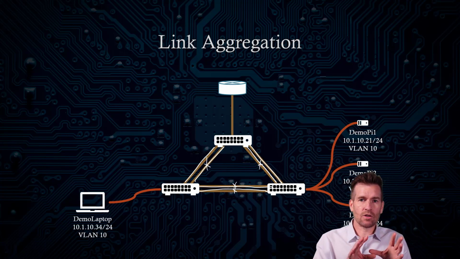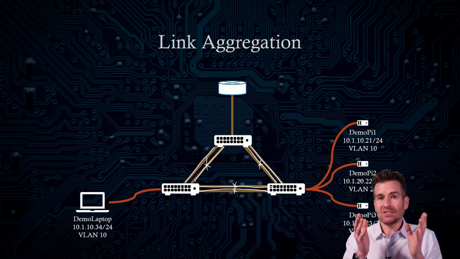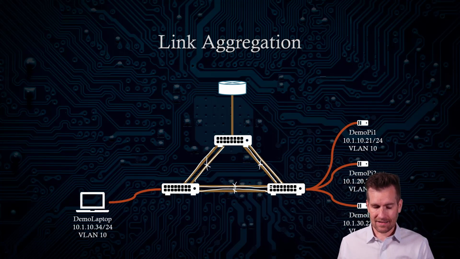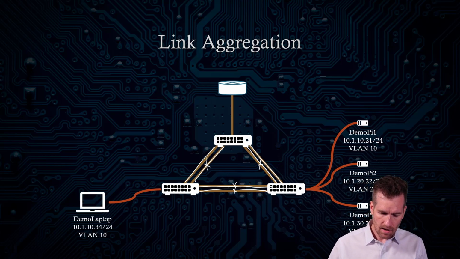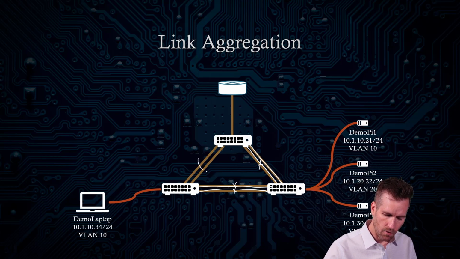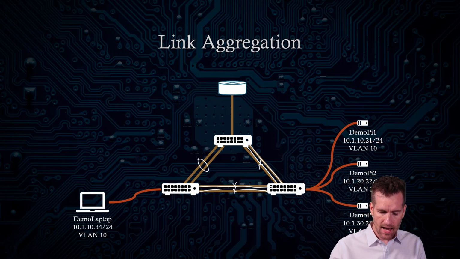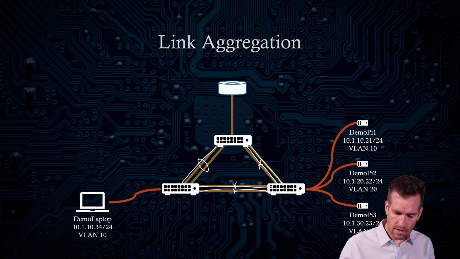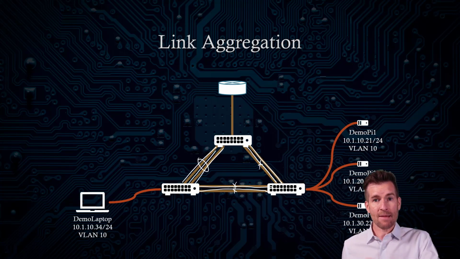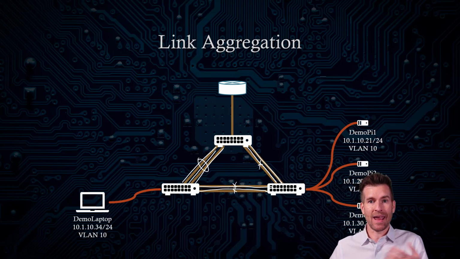Well, link aggregation allows us to actually utilize those links. What I can do is combine these 2 links over here into one link, therefore increasing the amount of bandwidth that I have across there. And I can do it for 2, 3, 4, 5, up to 8 different links I can band together.